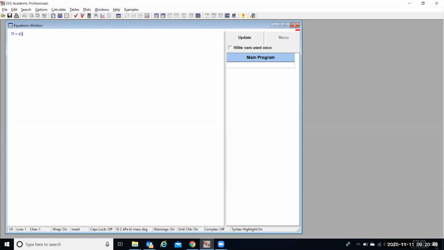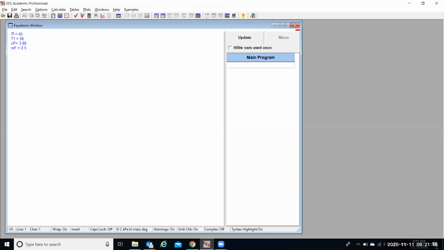So suppose that a problem like this, the feed temperature is 45 and T1, for example, is equal to 56. Let's assume that. And then the Cp is 3.88, for example. Then the mass flow rate of the feed, for example, is 2.5. So now each one of them is just writing the equation.